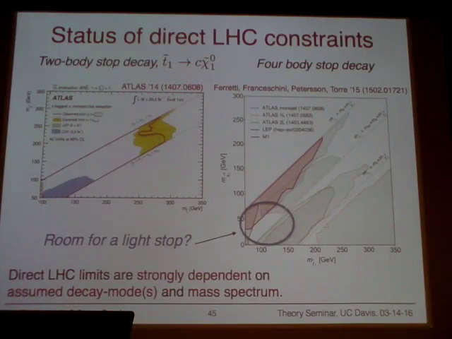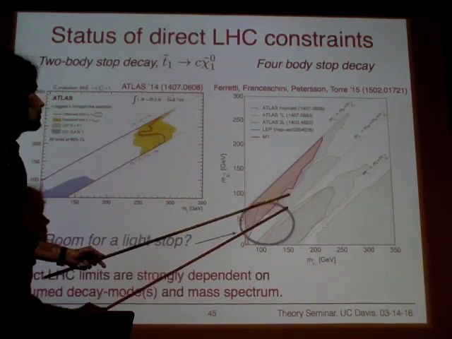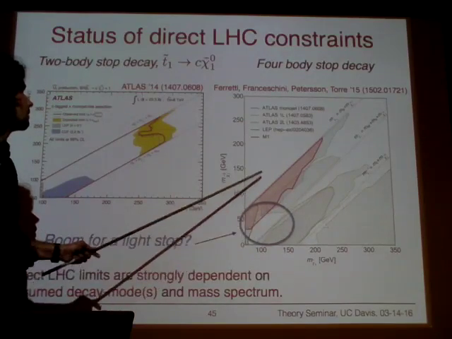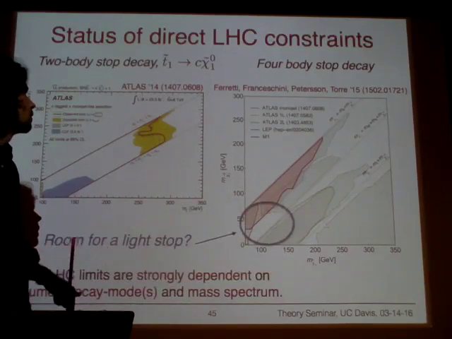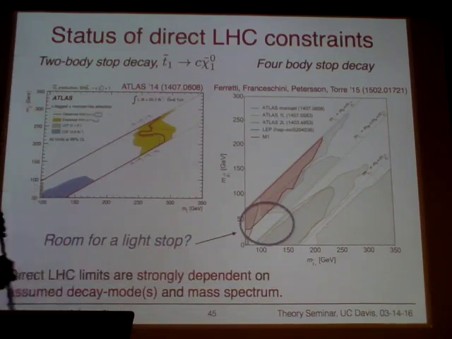So what's being assumed in this model? How does this stop decay? What is the stop decaying to in that allowed region? In this allowed region, it decays into 3 fermions and a B jet.